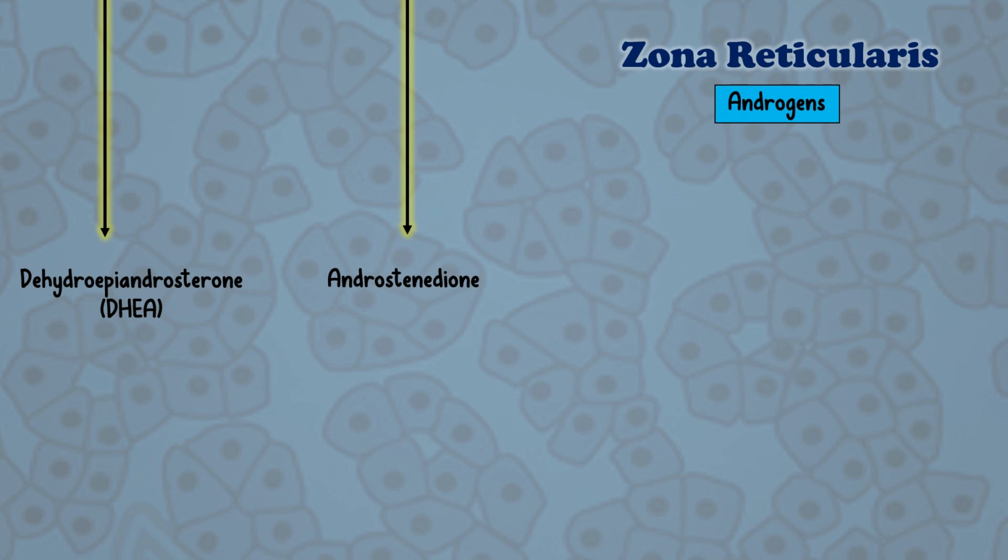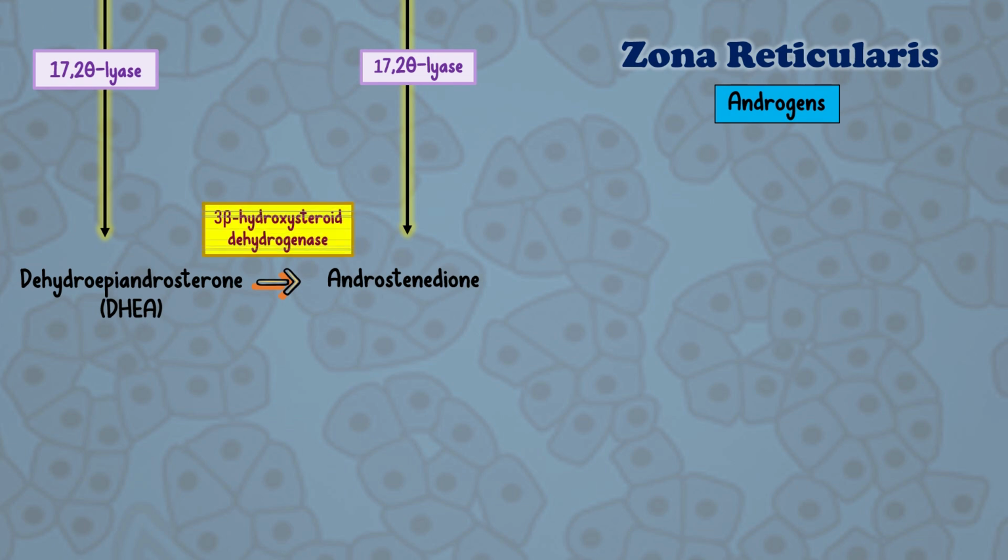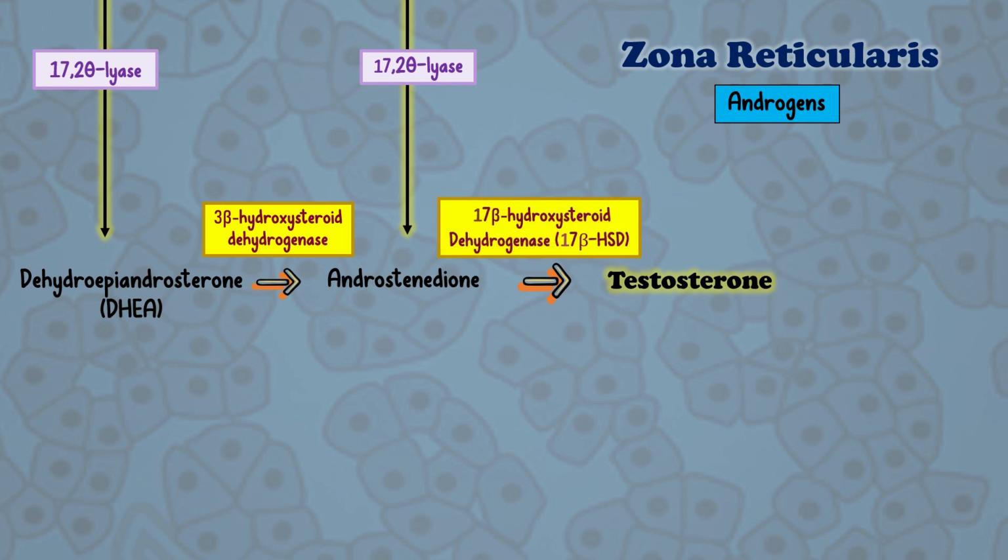Both conversions take place by the action of 17-20-lyase enzyme. Now, this dehydroepiandrosterone is also converted into androstenedione by the enzyme 3-beta-hydroxysteroid dehydrogenase. This androstenedione, obtained from either way, is converted into testosterone by the enzyme 17-beta-hydroxysteroid dehydrogenase, or 17-beta-HSD.